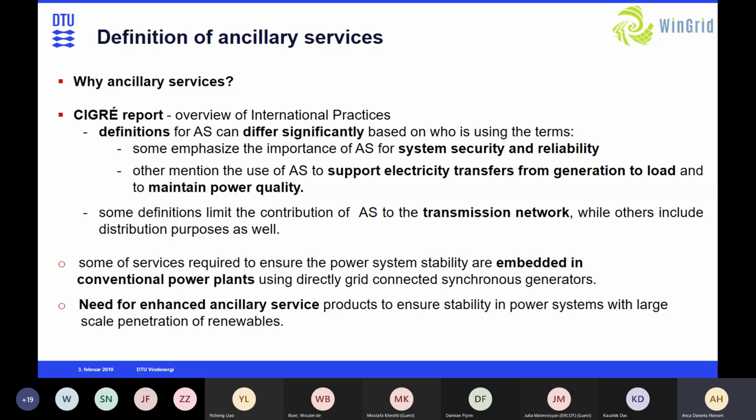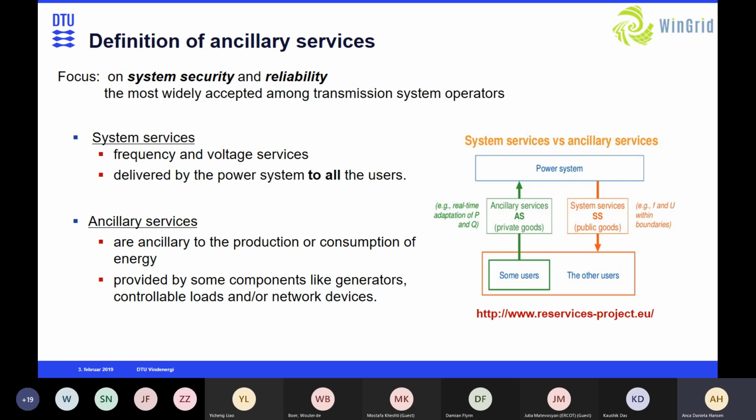And this is an ongoing process. So despite all these differences in formal definitions, the focus on ensuring system security and reliability is considered the most widely accepted among transmission system operators.